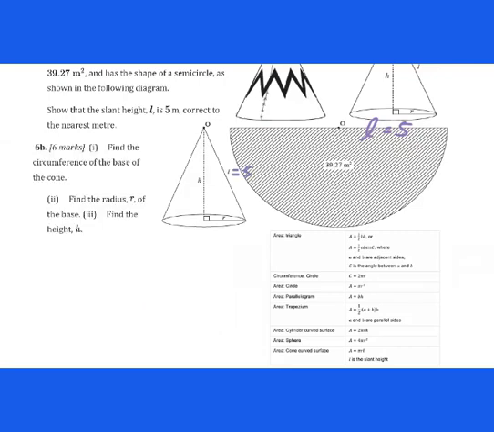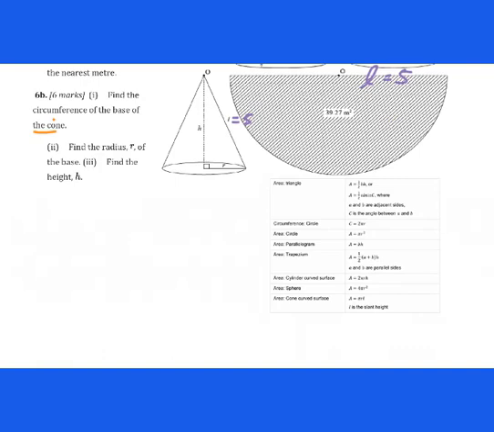Let's go to 6b. Find the circumference of the base of the cone. We already figured out the slant height is 5, which means from here to here.